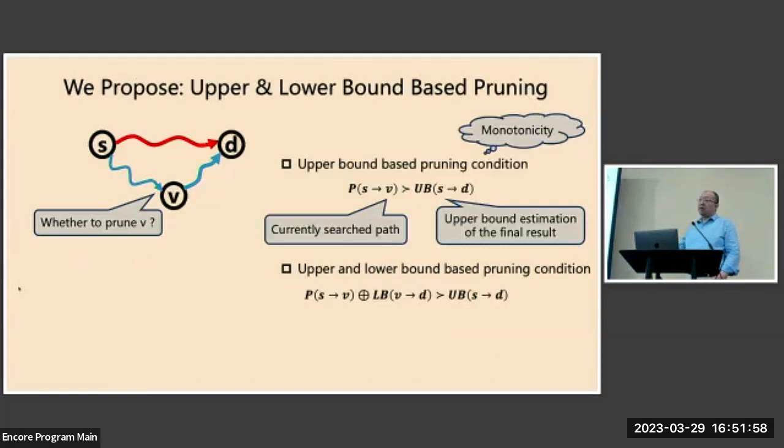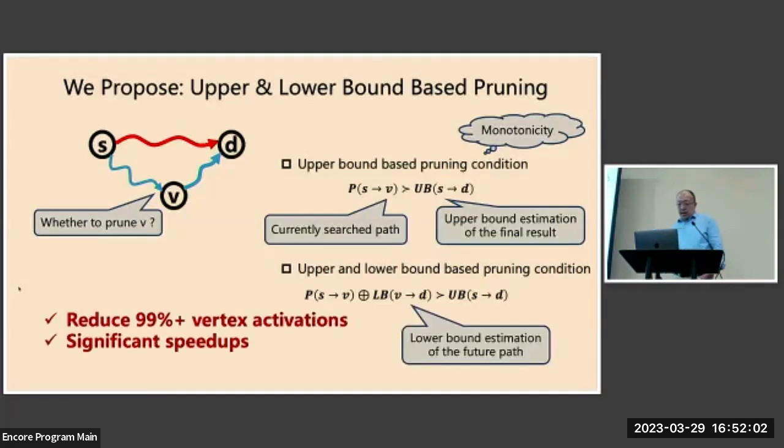So it means that we compute more, okay? That is the main idea. In the results, we can show that we can reduce nearly 99% of the vertex activation and achieve significant speedup.